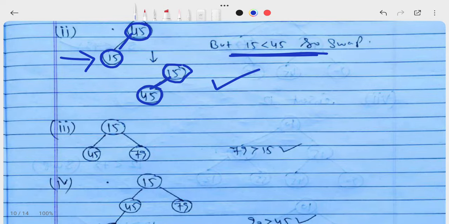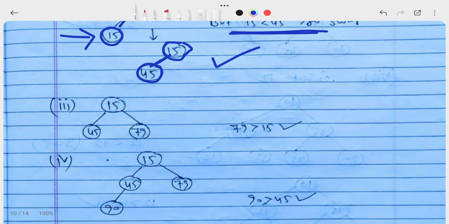Now the next insertion is 79. You insert the data from left to right, so 79 will come here. Now 79 asks the father who is greater and who is smaller. The father is smaller, no problem, because this is the minimum heap tree; the father has to be small.